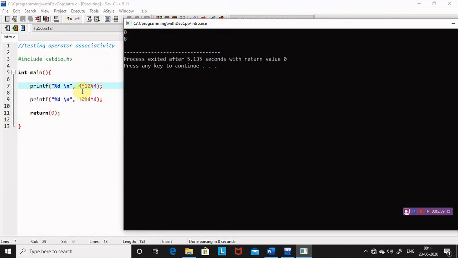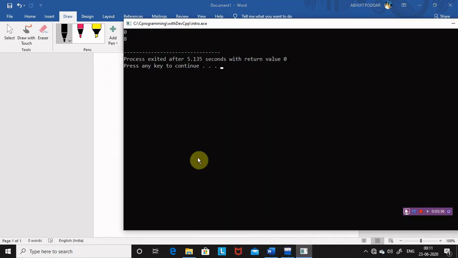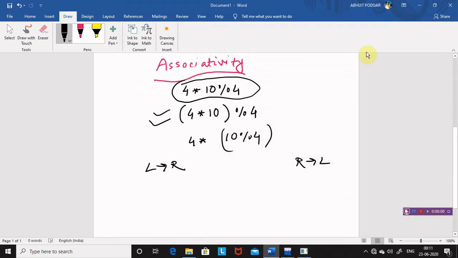So when we want to evaluate this expression, 4 multiplied by 10 modulo 4, as we had started out with, then the result would be 0. That can only happen if the expression is evaluated in this order. That means the multiplication occurs first and then the modulo operation.